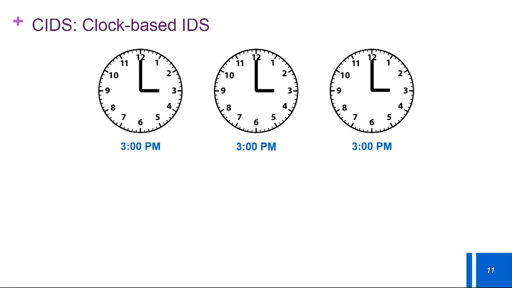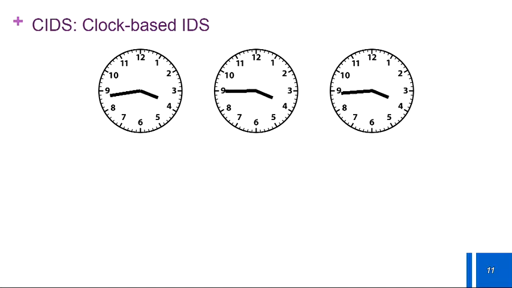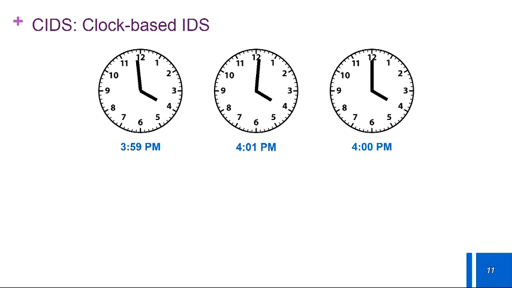So what exactly is clock skew? Due to hardware imperfection, each clock runs at a different speed. So if we take the rightmost clock as the true clock, after an hour passes, where it was set at 3 p.m., now one clock can show 3:59, another can show 4:01.